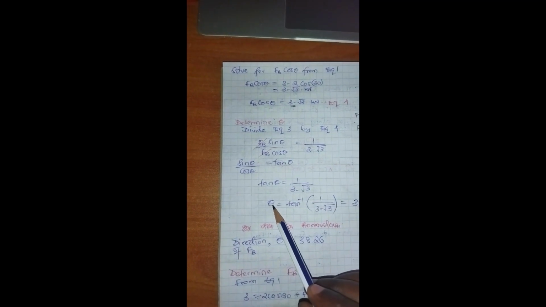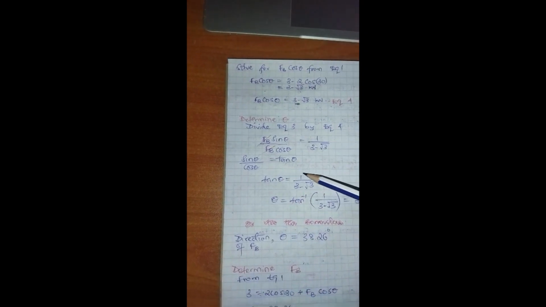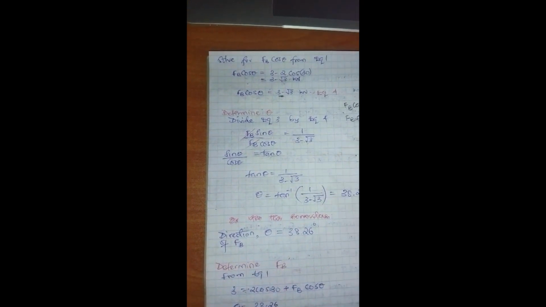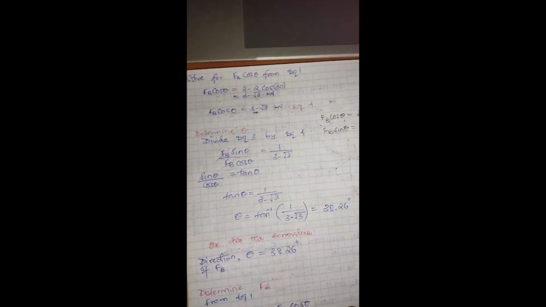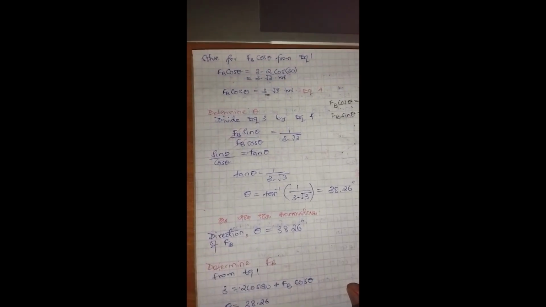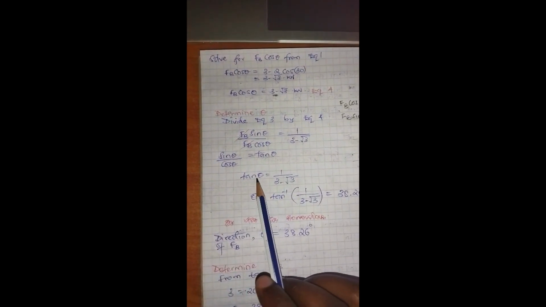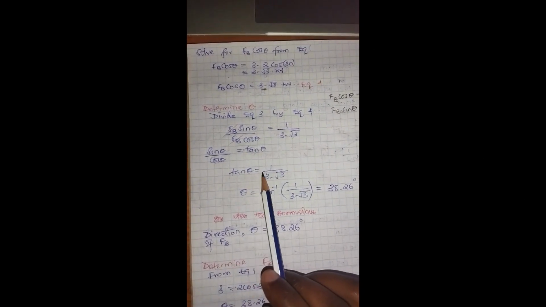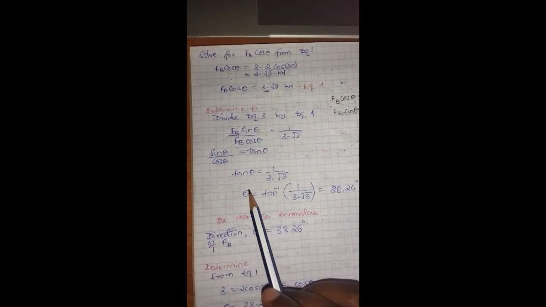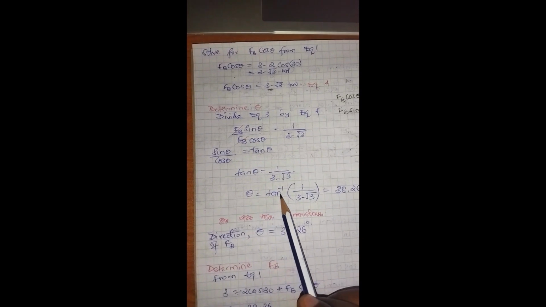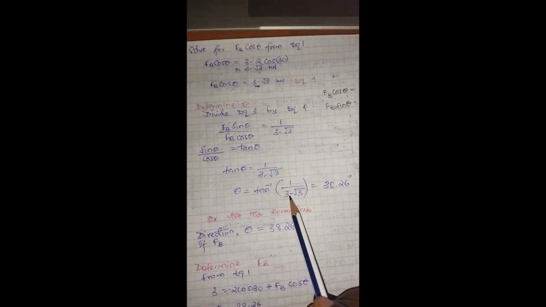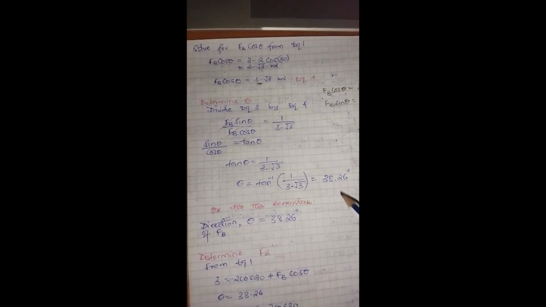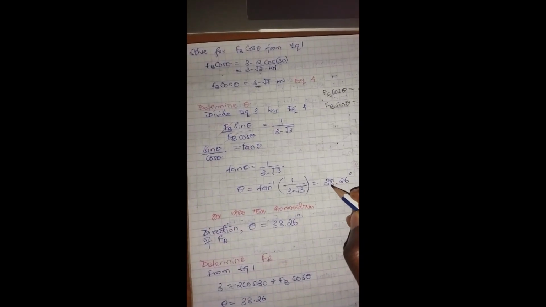So when we solve for theta, we use the normal trigonometric identities: if tan theta is this, then theta is given by the tan inverse of that. I just computed the whole of this in my calculator, and then I got 38.